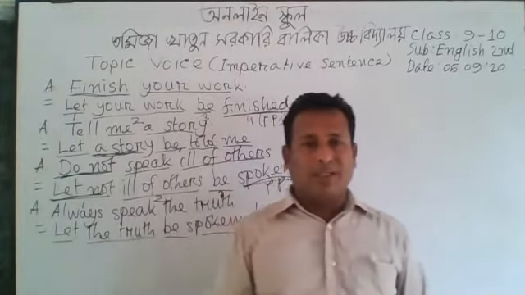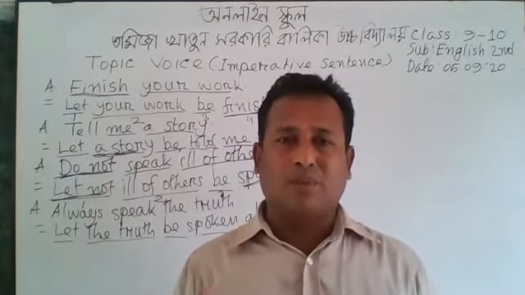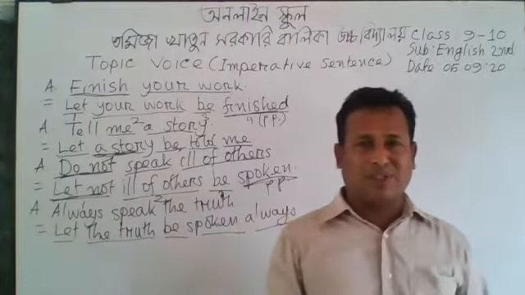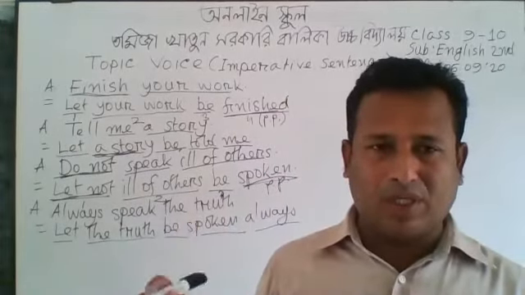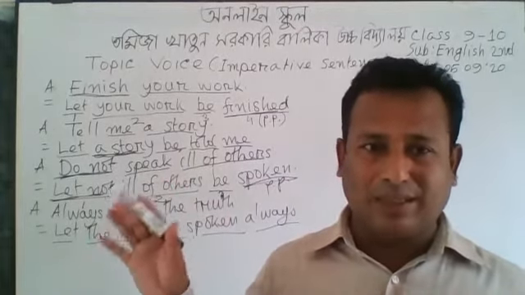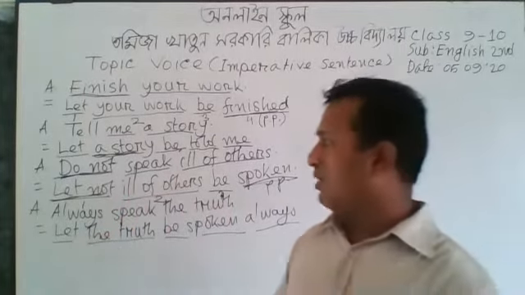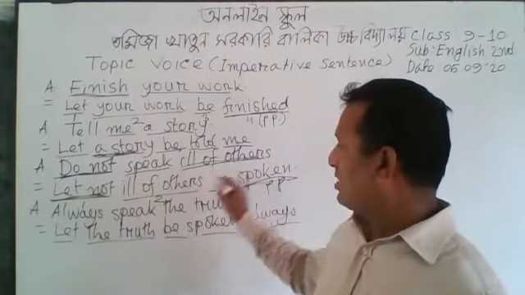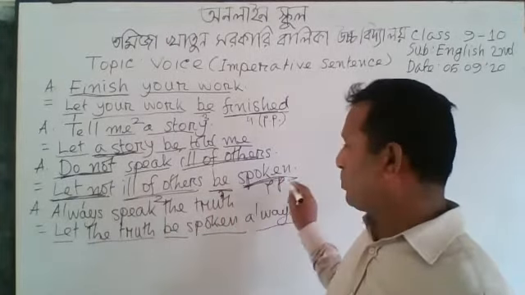If it is negative, I will just use not before let, and all other things will remain unchanged, like the affirmative imperative sentence. So as it is negative, let not, and object will be subject, ill of others, be in the third place. At the fourth place, spoken.